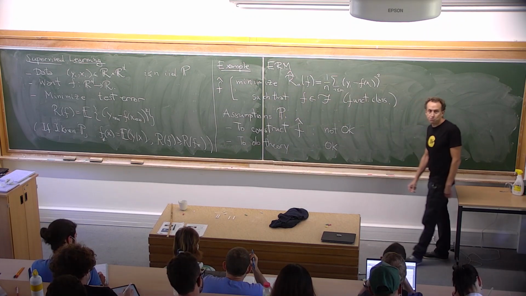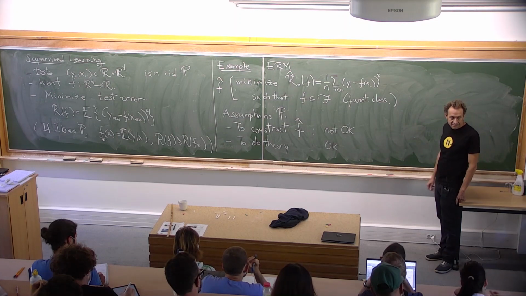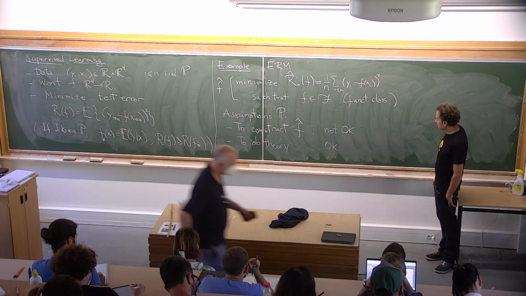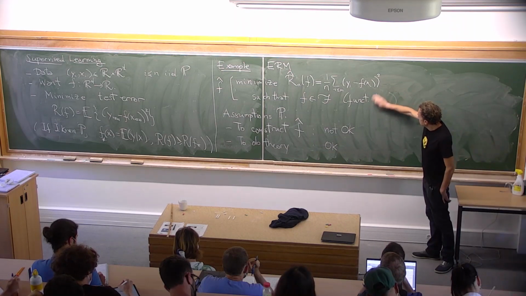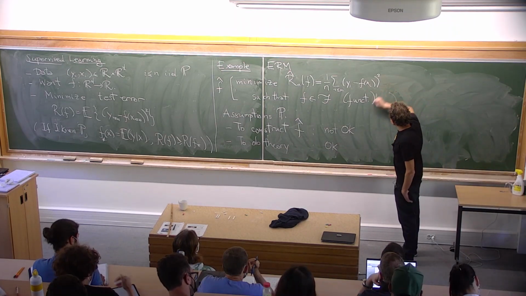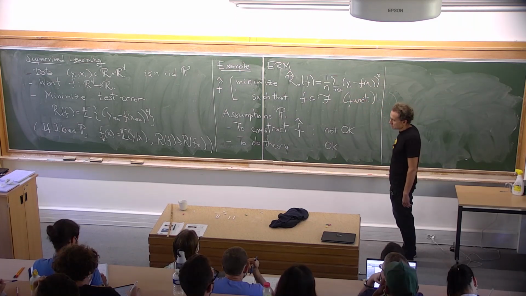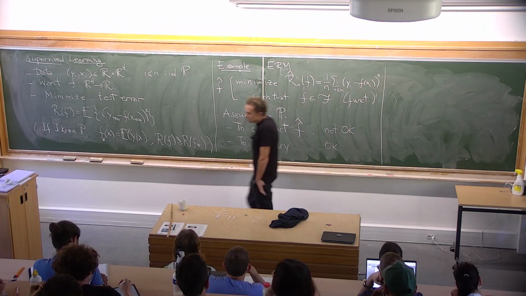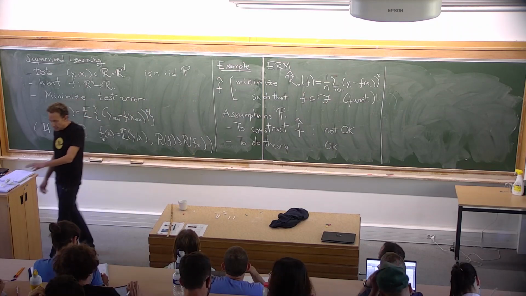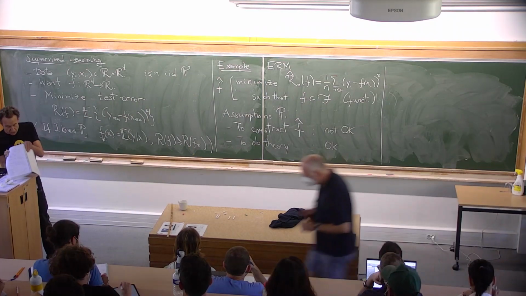Ideally, I don't want to make assumptions, but I'll accept it if I need to make assumptions to do math. For instance here, this method is completely oblivious to the distribution P. But then if I want to analyze it, I might have to make assumptions about what the distribution P is.